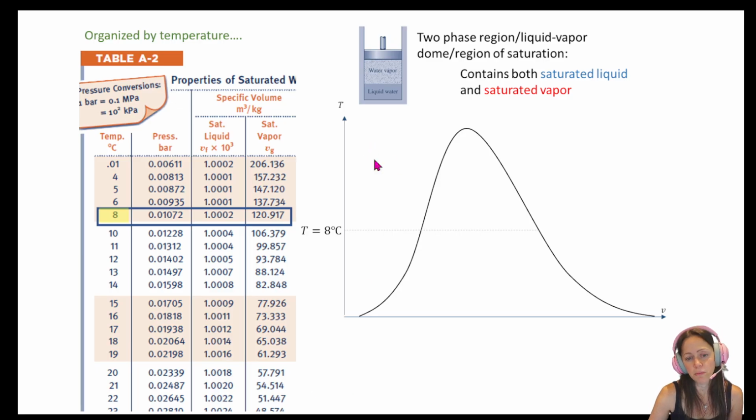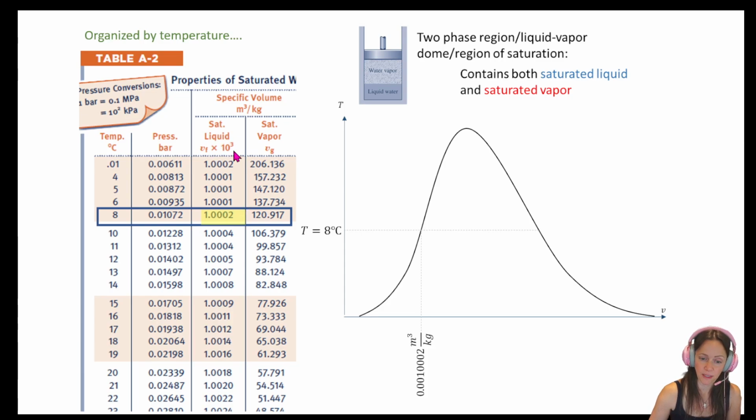Okay, so let's go look at our T-v diagram. If we're at 8 degrees Celsius, and I'm going to draw a line of constant pressure through there in just a second. But if we had a saturated liquid, right, and so we're on that saturated liquid line, well, the specific volume there would be equal to the v sub f value. Now I want you to notice this is 0.00100002, because this number that's in the chart here has already been multiplied by 1,000.